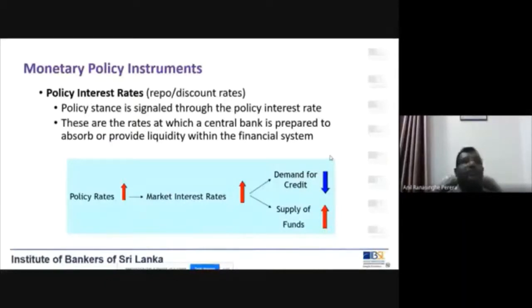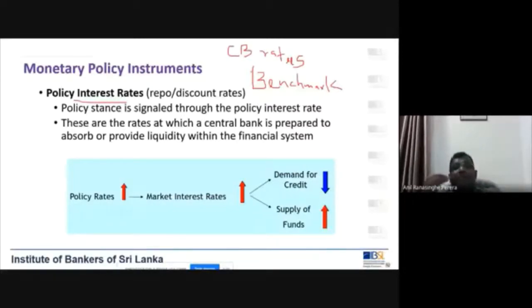There are various names. Sometimes you may have the term central bank rates. Sometimes we call it benchmark rates. So all are basically suggesting they are the base or key interest rates in the economy.